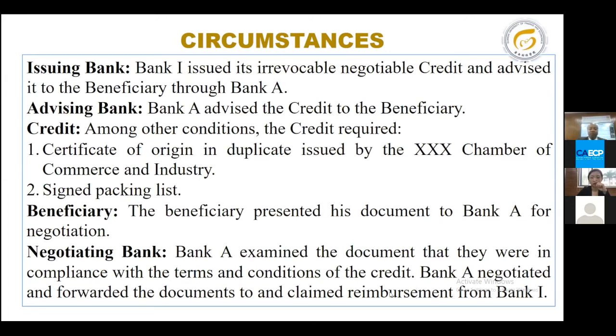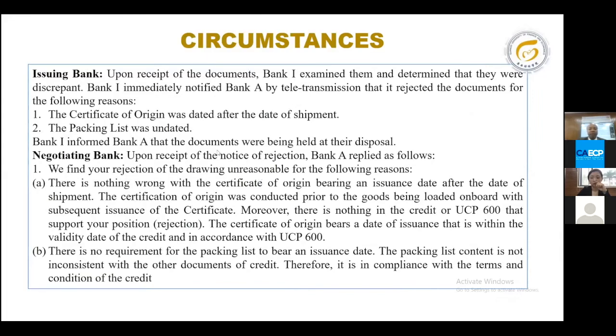The reimbursement here is more of a payment, okay? It's not really reimbursement per se. And then the issuing bank, upon receipt of the documents, Bank 1 examined them and determined that there were discrepancies, okay? There were some problems with the documents.